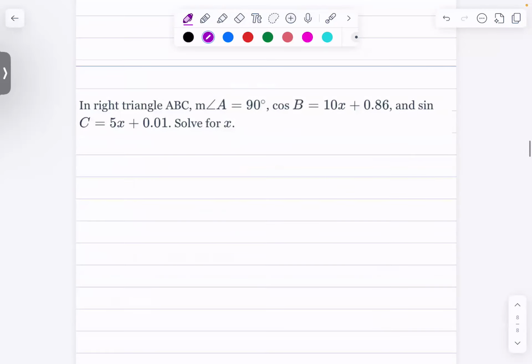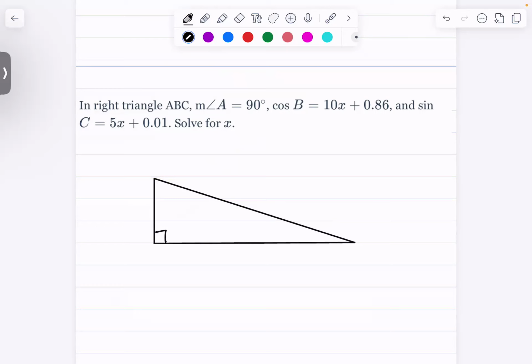In a right triangle ABC, there's no diagram, so I'm going to draw one. So that's my triangle. Angle A is 90 degrees. Cosine of B is that equation, and the sine of C is that expression. Solve for x. What do we know about cosine of B and sine of C?